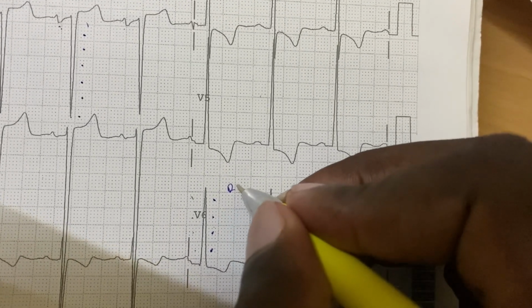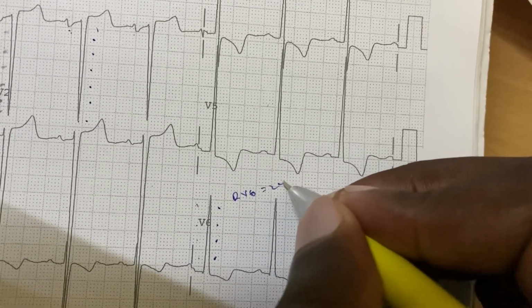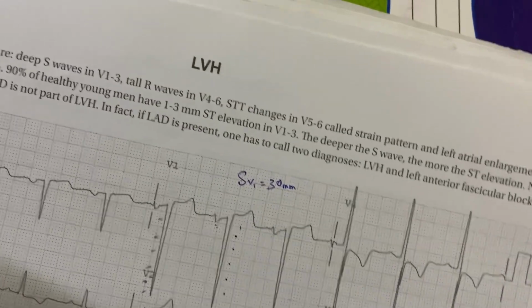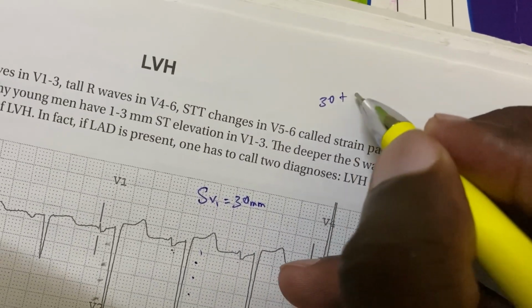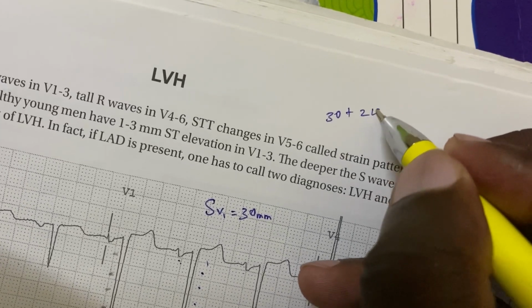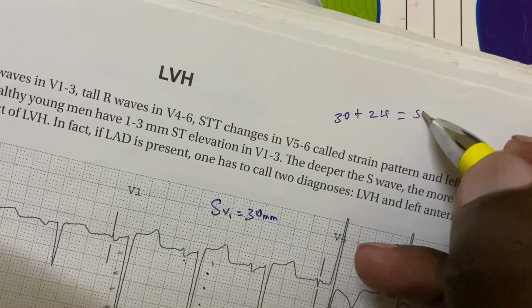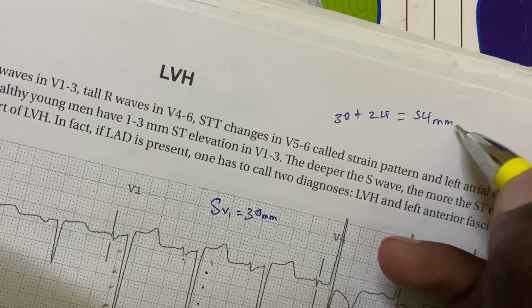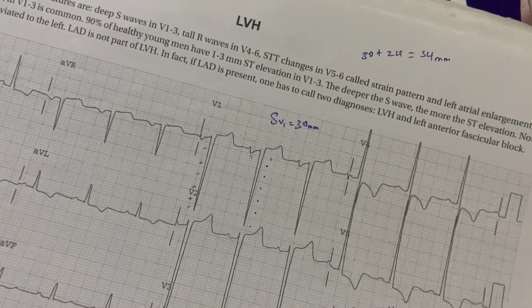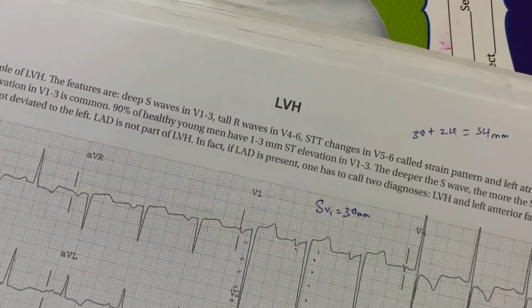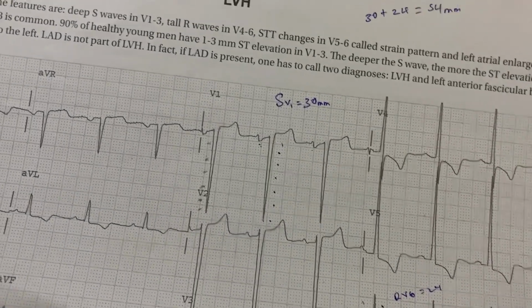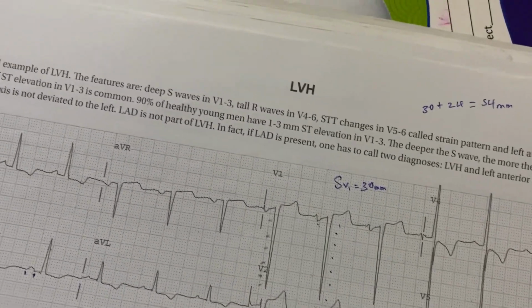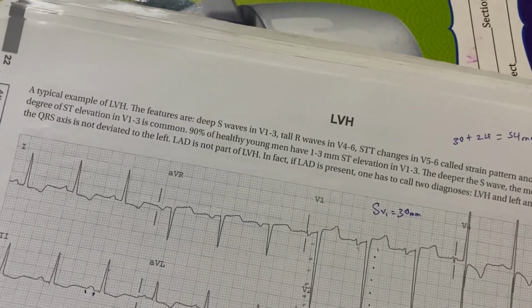So R in V6 is 24. When we add them, we get 30 plus 24, which is 54 millimeters. Is it more than 35? Yes, it's more than 35. So this ECG shows LVH and left atrial enlargement.